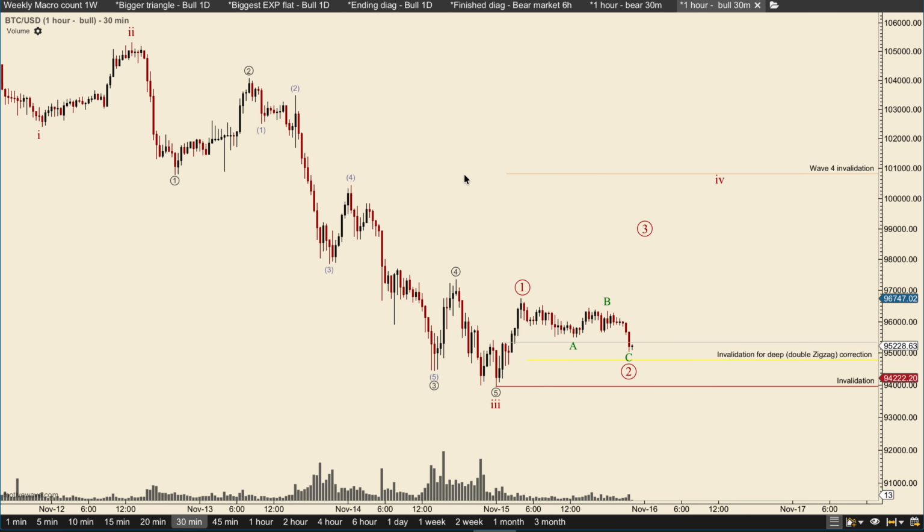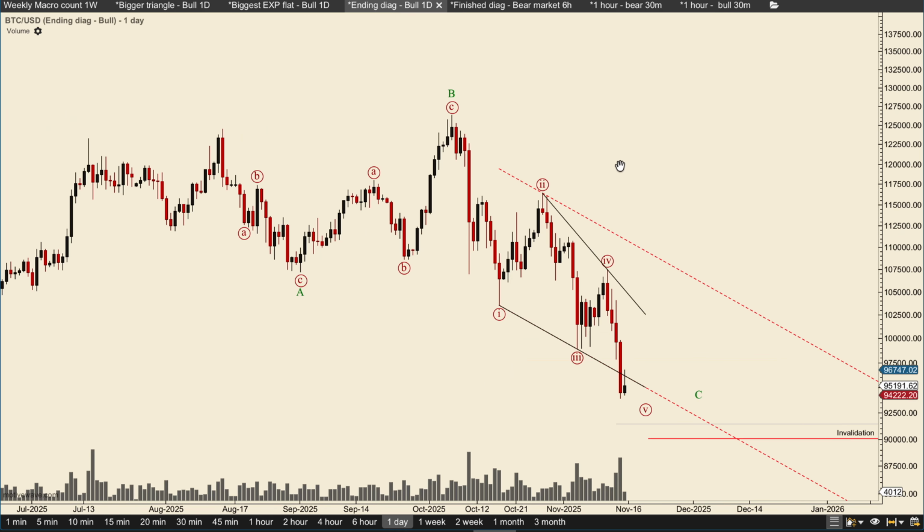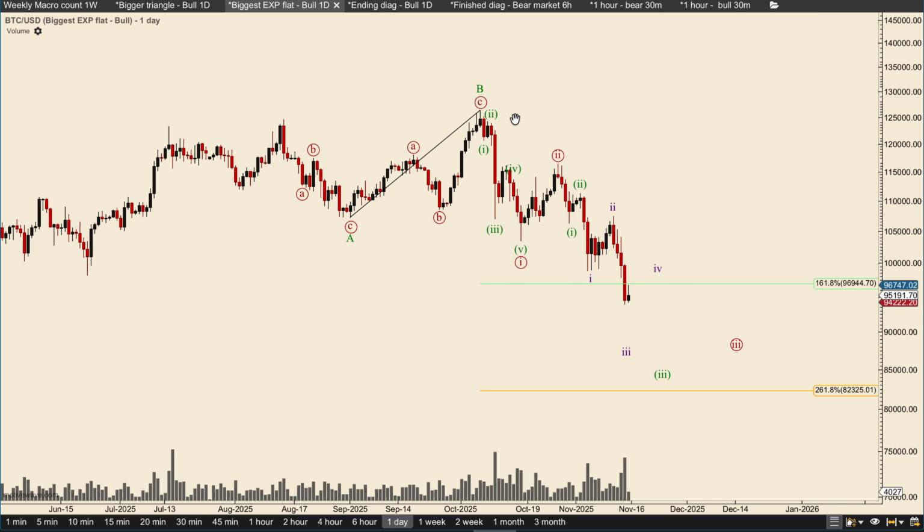If we move up and take out this, you see the wave 4 invalidation at 100817, before taking out this low here, then the probabilities have changed to this being complete, the ending diagonal, because this requires a bit more downside if you are counting it like this.